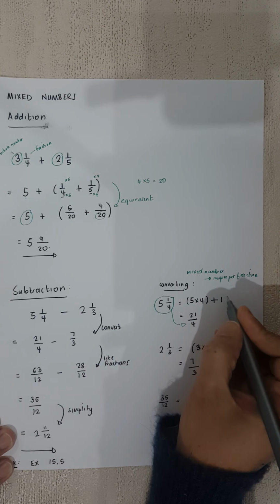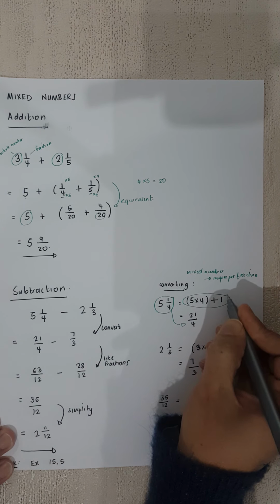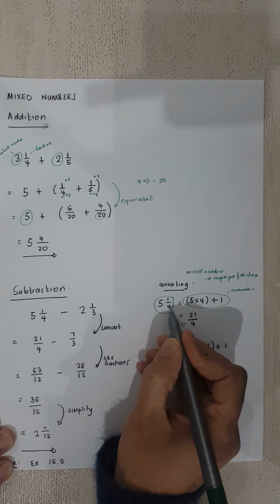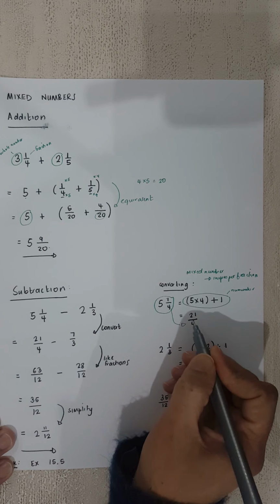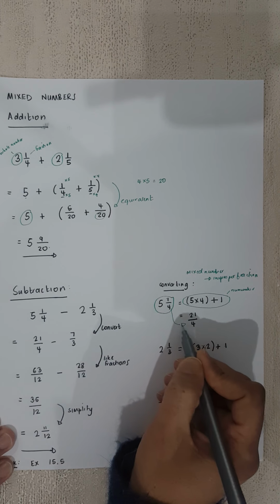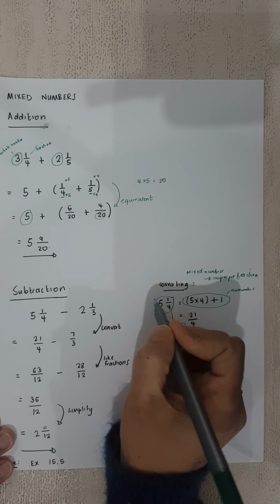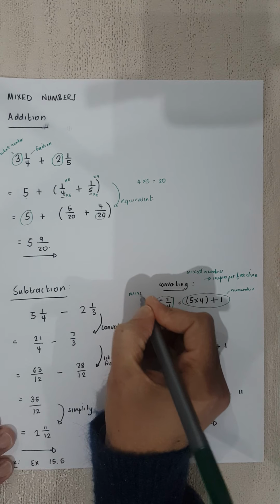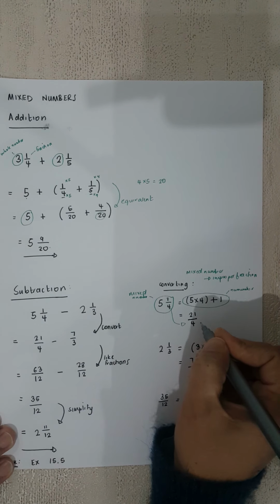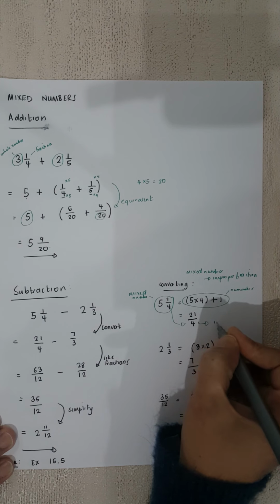So to calculate your numerator, you're going to say 4 times 5 plus the 1, which gives you 21, and the denominator stays the same. So this is the mixed number. Why mixed number? Because I have a whole number and a fraction, and this is the improper fraction.